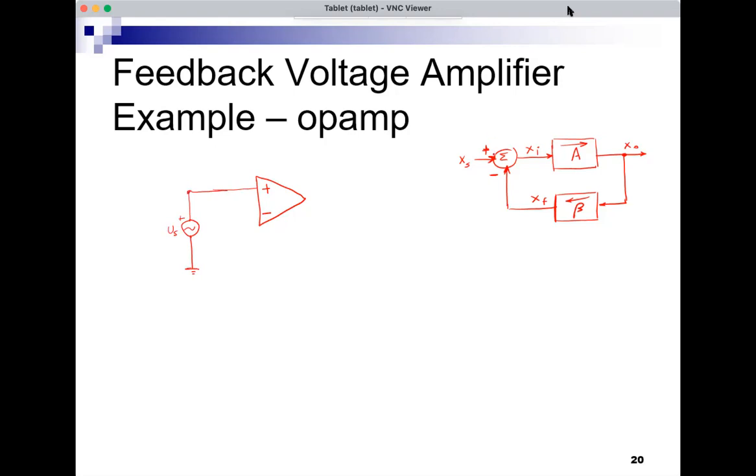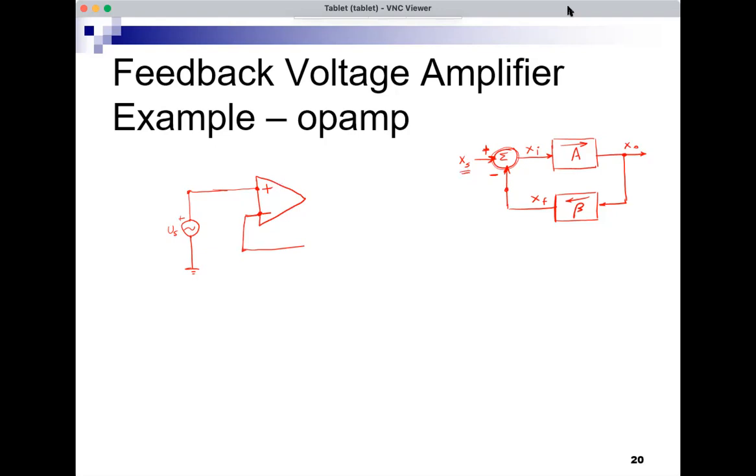All right, so I'm implementing this part here, XS going to the sigma, is VS going to the plus input of the op-amp. Now I want to subtract from XS, XF. So XF should come here to the minus input from the beta block. So I don't need to worry about building a circuit for sigma because I have the op-amp, and the op-amp internally will take the difference between the two inputs.